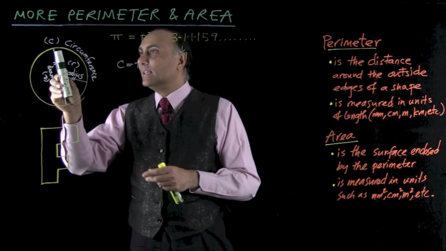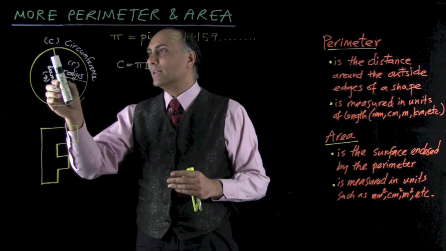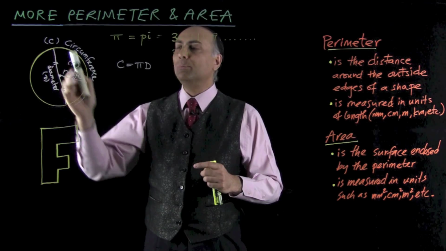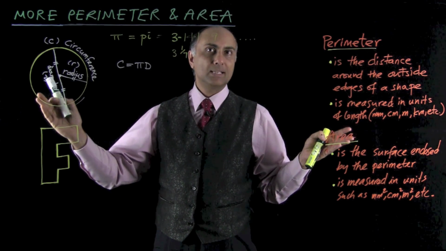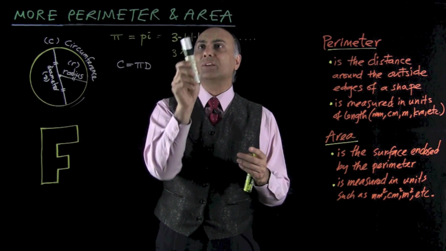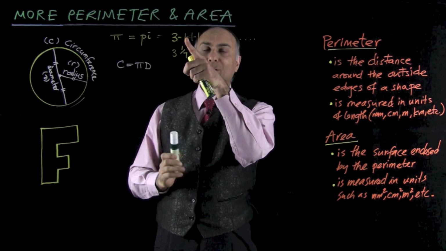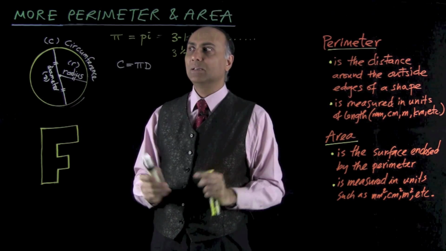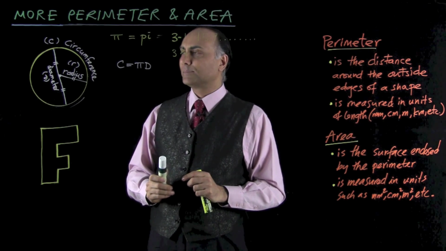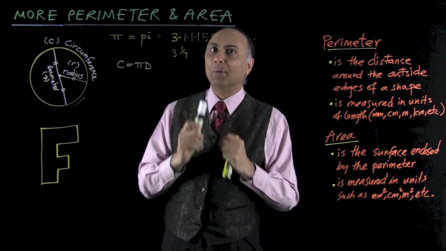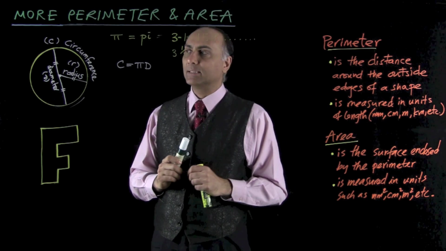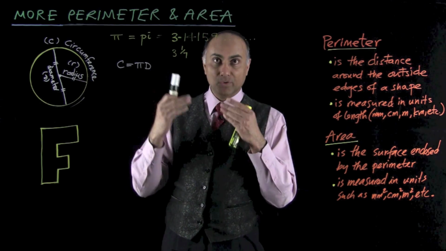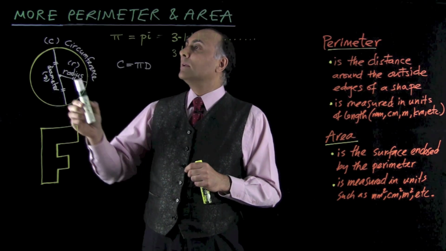So if the diameter of this circle were, say, 10 centimeters, the circumference would be just over 30 centimeters. In fact, it would be 31.4159, etc. centimeters if I wanted it more accurately. That can get you a quick mark in a maths test if it's multiple choice, because you know the answer has to be a bit over 30.